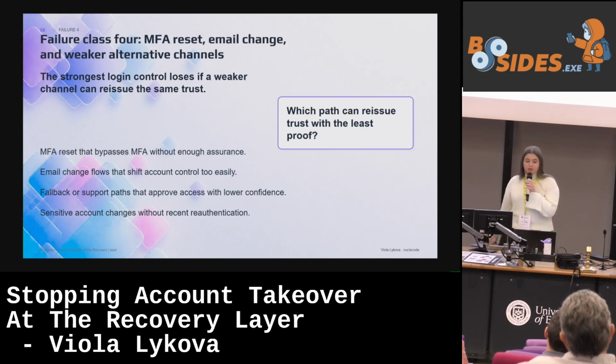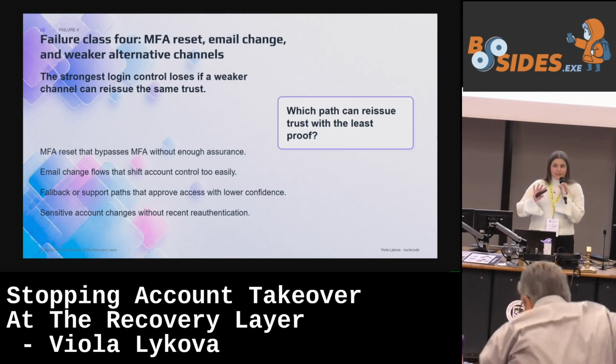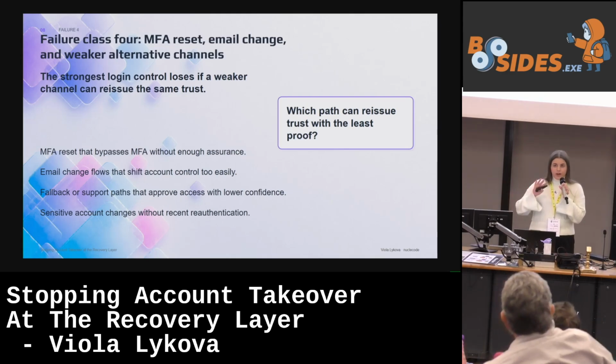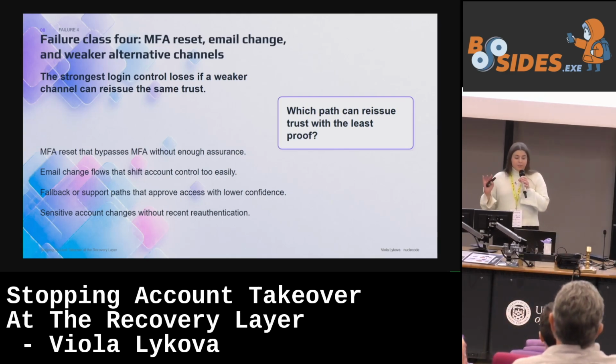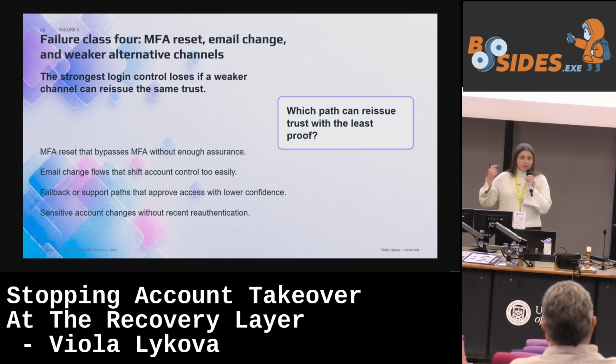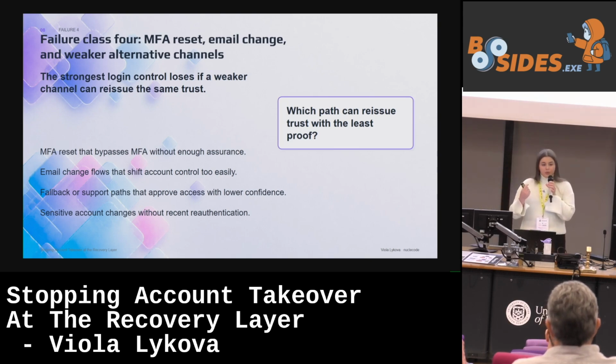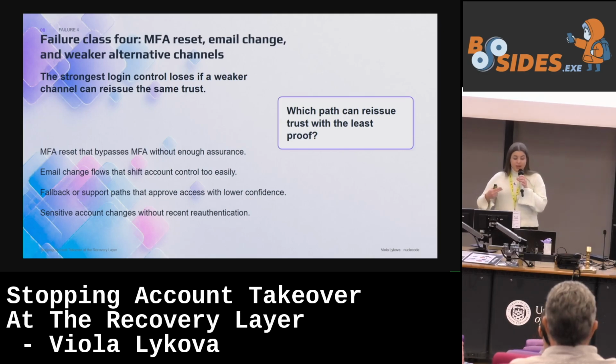So failure 4 would be the multi-factor reset, email change, and the weaker alternative channels. This is an important one. Even though multi-factor authentication is quite an advanced technology that is used everywhere right now, and is great for authentication, the problem is that every single time you are configuring an authenticator that takes on the responsibility of reissuing the trust for your system, you're actually creating a security event.